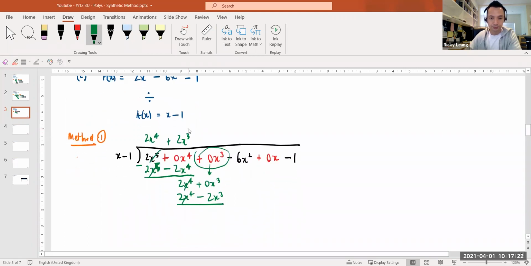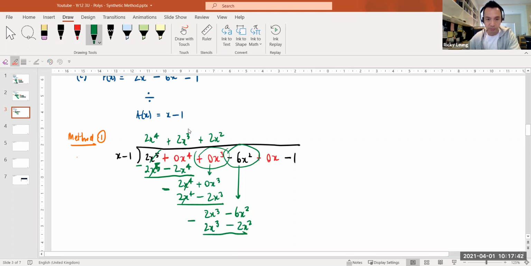Step 4. Bring this guy down. Sorry, I forgot the minus. So 0 minus that. That's 2x cubed minus 6x squared. Perfect. Plus another 2x squared. Step 2, multiply this guy with this. So minus 2x squared there. Step 3, minus negative 6 plus 2 was that minus 4x squared.